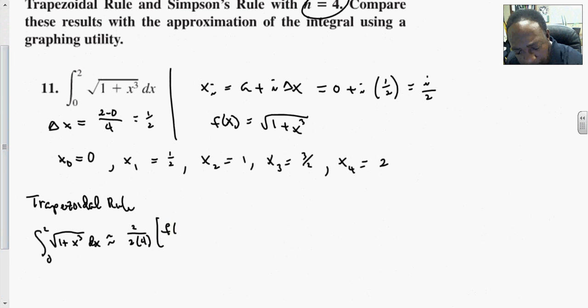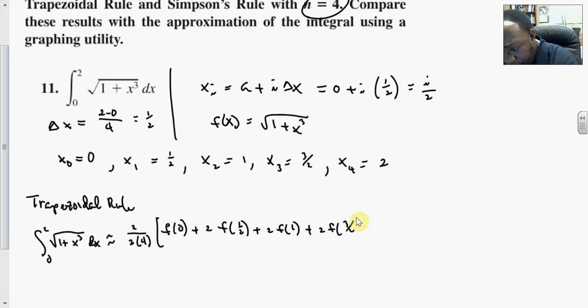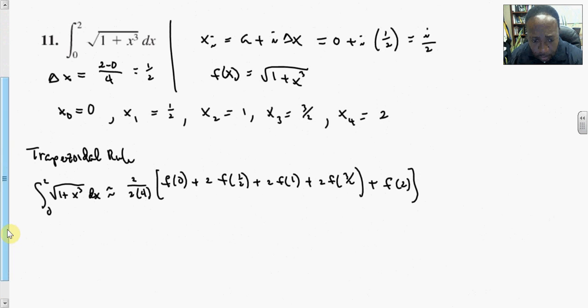And this is f of 0 plus 2 times f of 1/2 plus 2 times f of 1 plus 2 times f of 3/2 plus f of 2. And so we get 1/4 there.